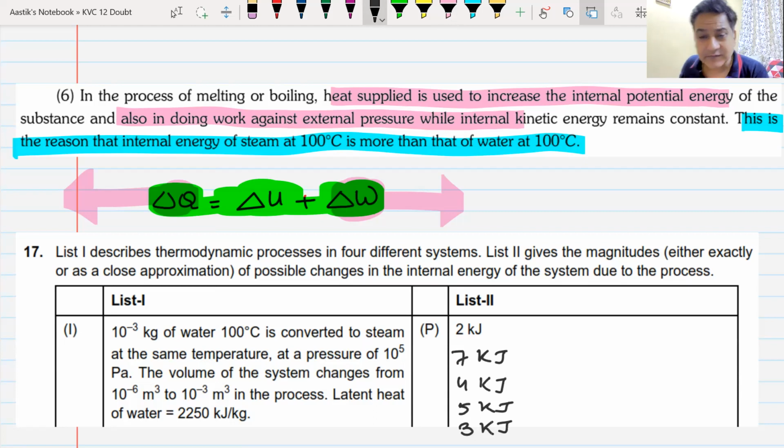And remember, when it comes in a JEE, it can be 1 to many and many to 1. What I mean is that a question on the left-hand side can match more than one option on the right-hand side, and the right-hand side can match more than one option on the left-hand side, vice versa.